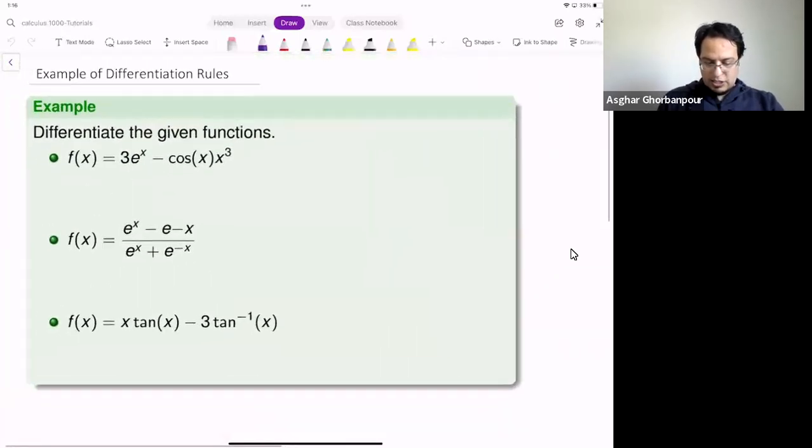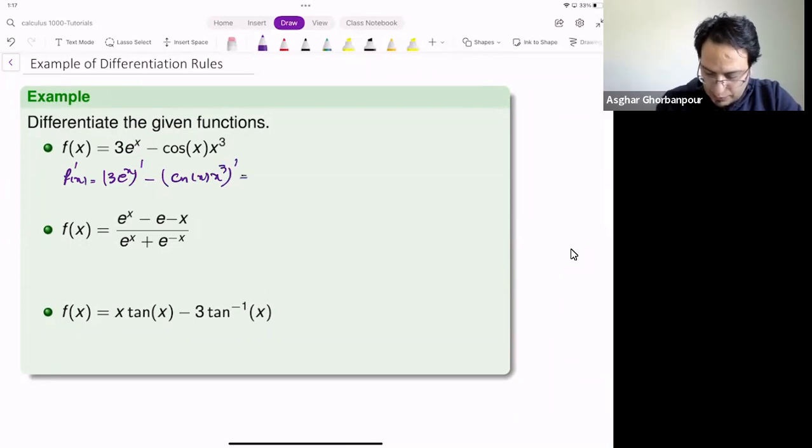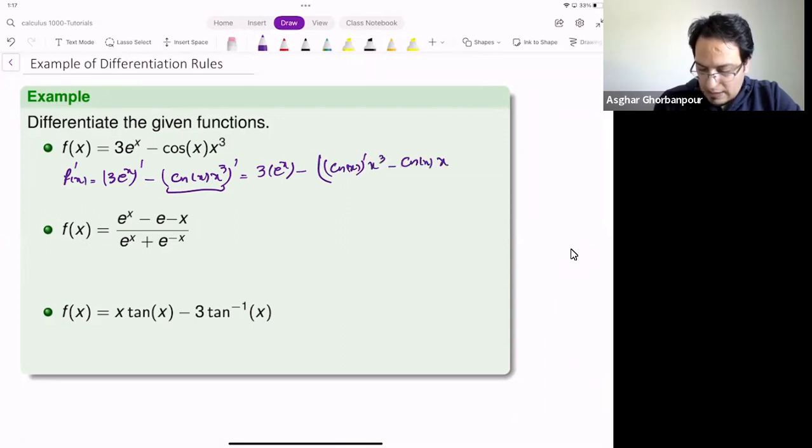Okay, so this is just practice for the differentiation rules. The sum rule says that I have to find the derivative of the first one minus the derivative of the second one. Then the constant multiple says this is just this minus this, and the second one is a product: the derivative of the first one times the second one minus the first one times the derivative of the second one.